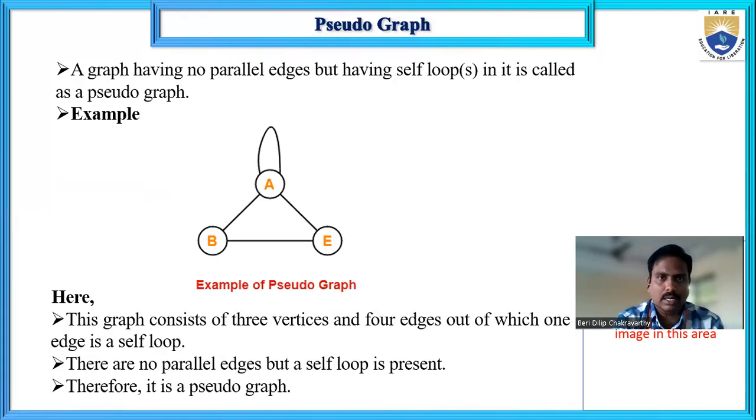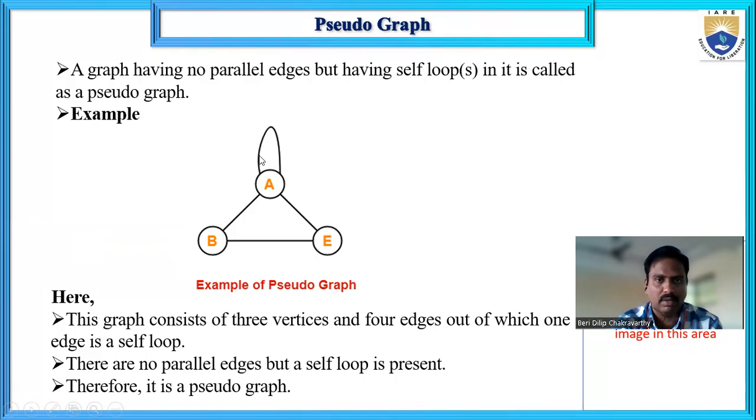Then pseudo graph, a graph having no parallel edges. If the graph has no parallel edges but has self loops in it, it is called a pseudo graph. If you observe the graph given here, A, B, E, we don't have any parallel edges, but we still have self loops.